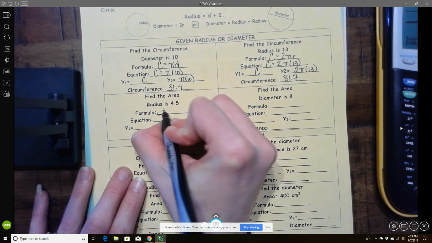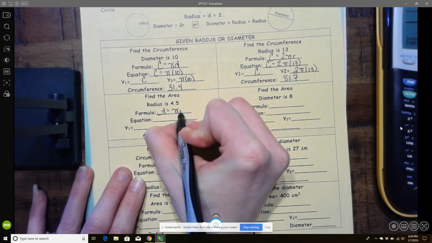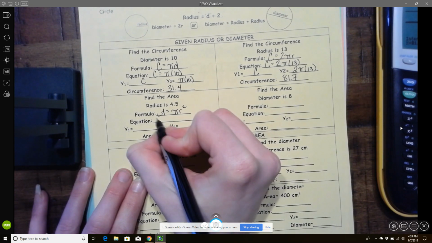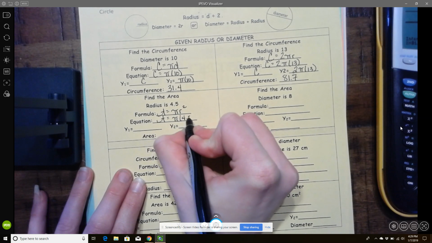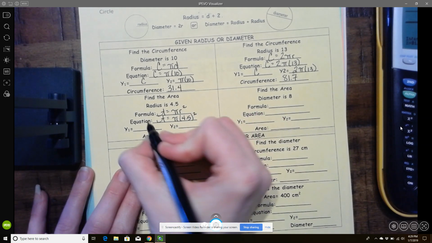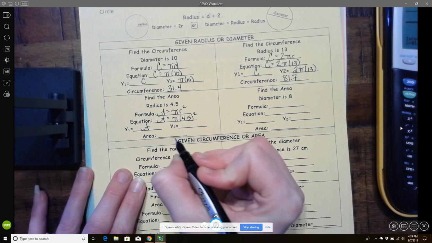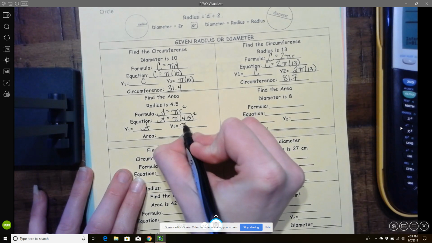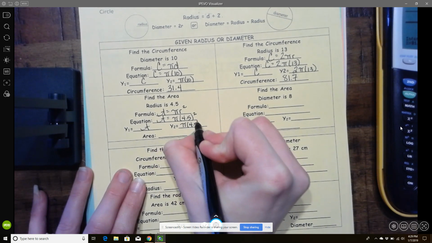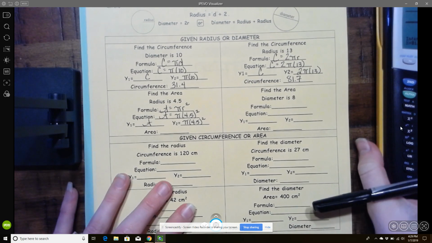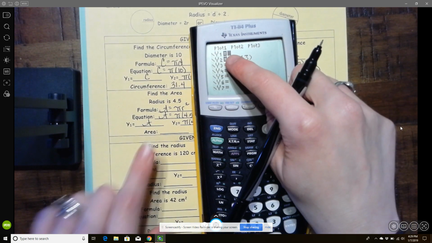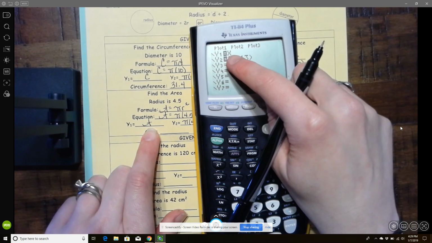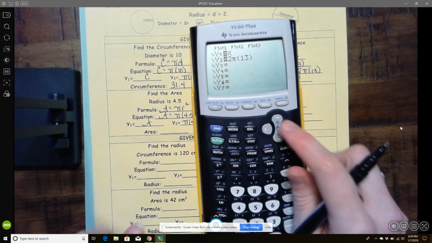So the formula for area, A equals pi r squared. My equation, I'm going to substitute the 4.5 for the r, and then your y1 will be A, your y2 will be pi times 4.5 squared. So still going to use an x here because the y1 is area, my variable.